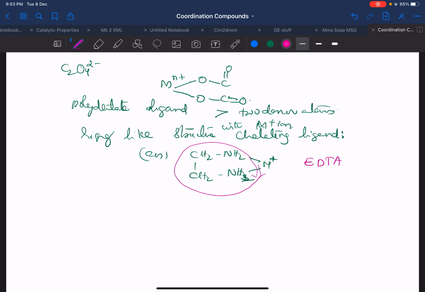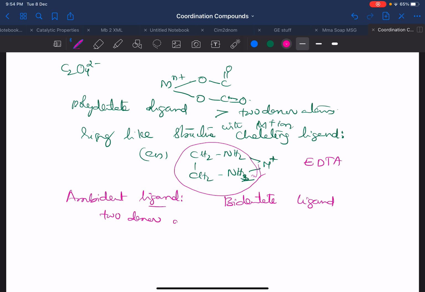And next one is the important one, that is the ambident ligand. It is also a bidentate ligand with two donor atoms.